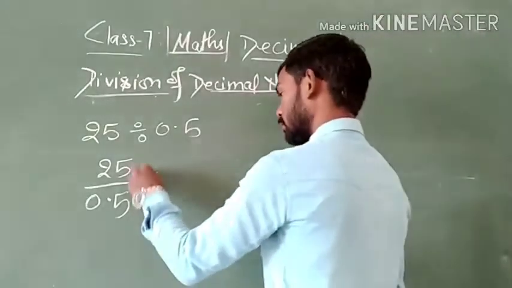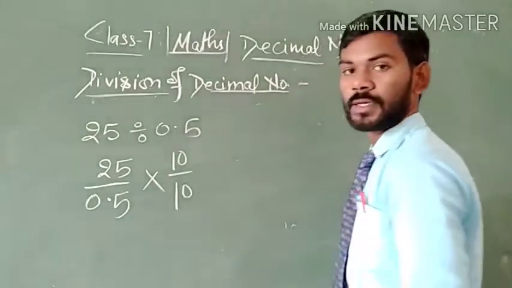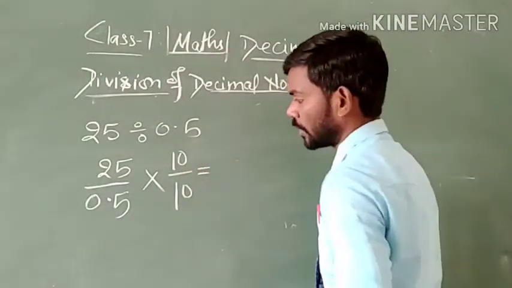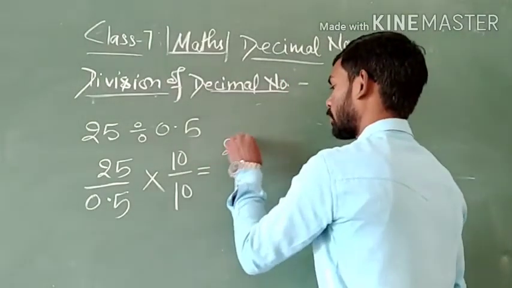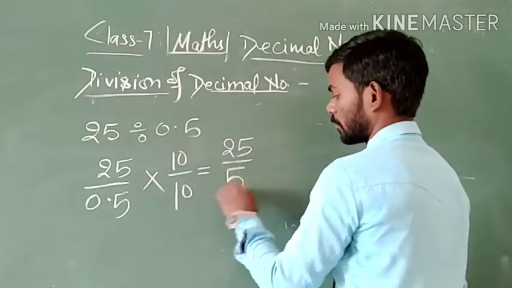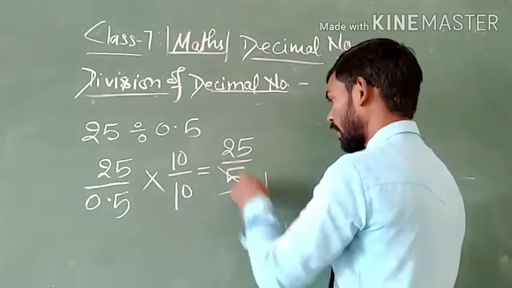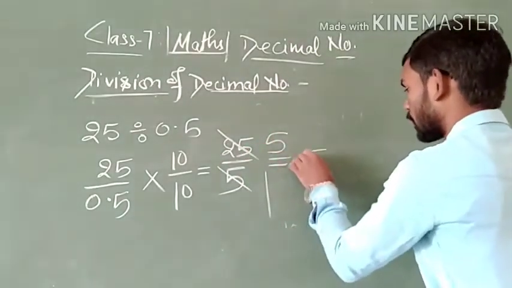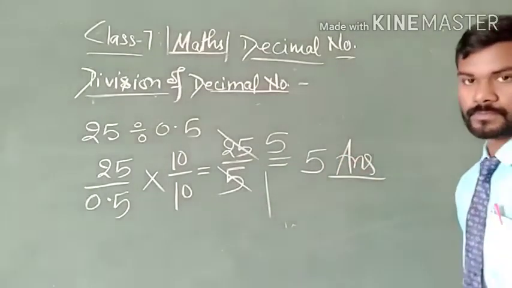That's why we shall multiply the numerator and denominator by 10 in order to remove the decimal from the denominator, and hence here we get 25 upon 5, and we can use the factorization method. 5 1s are 5, 5 5s are 25, and hence here we get the result 5 as the answer.